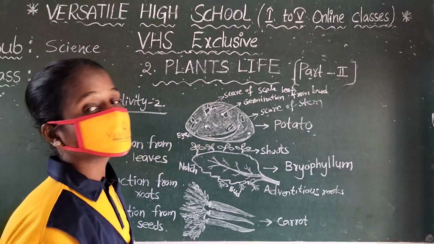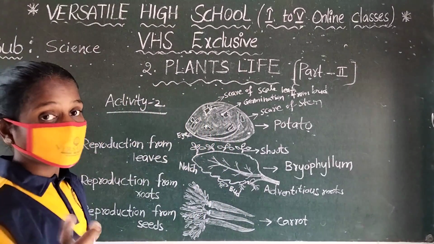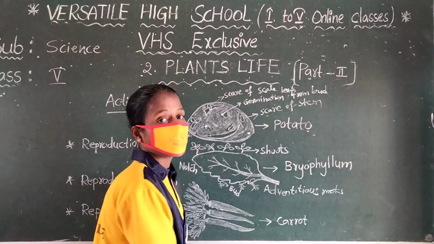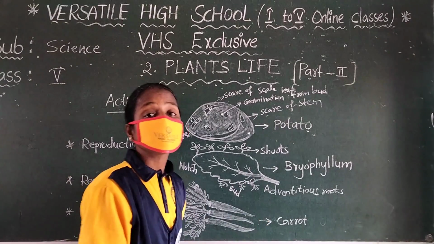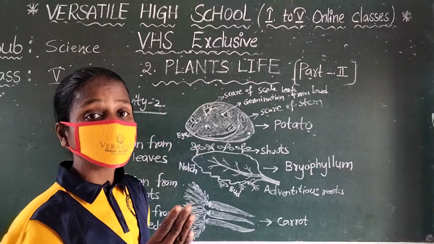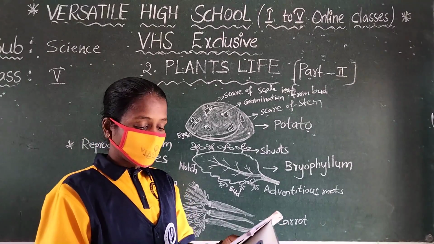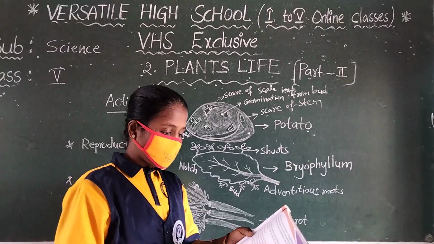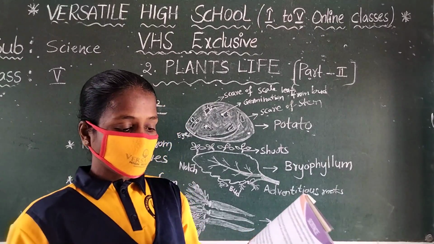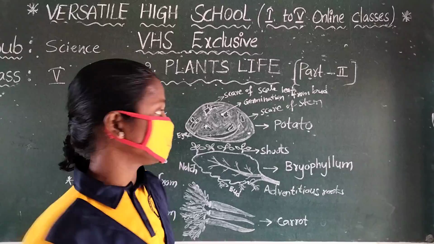If you take a pudina leaf, put it in soil, then you observe new leaves come out, and it has buds along the edges of its leaves.